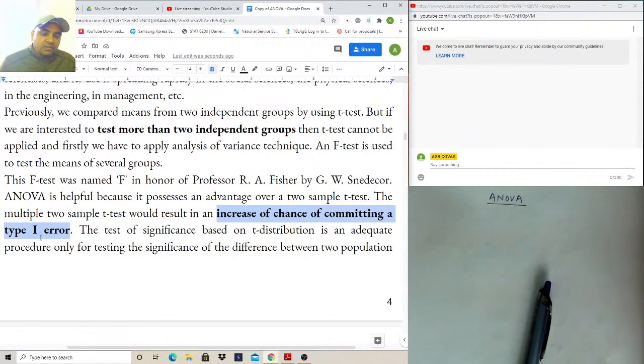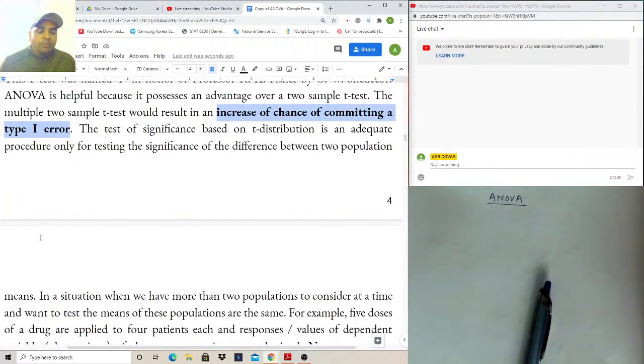The test of significance based on the t distribution is an adequate procedure only for testing the significance of the difference between two populations.